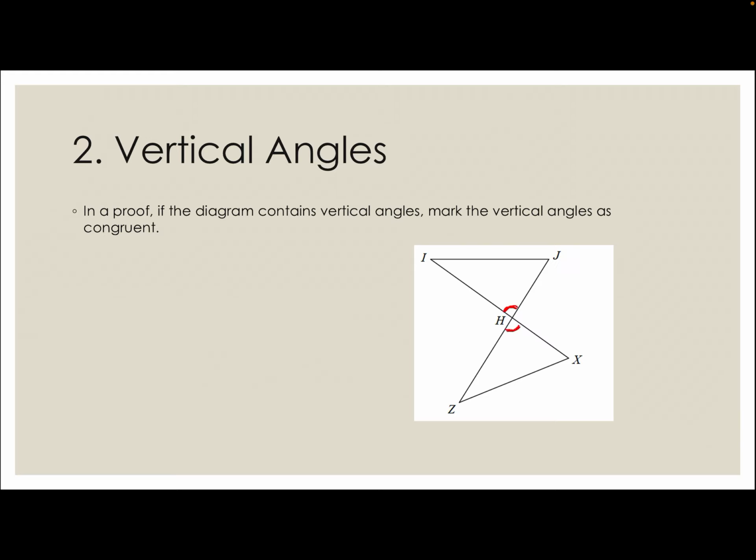So what we can deduce from this is that angle JHI is congruent to angle XHZ. And vertical angles should share the same vertex. In this case, they both share that vertex H. And that's how we know we have a pair of vertical angles. That's the only thing we can assume. Angles looking congruent does not count.